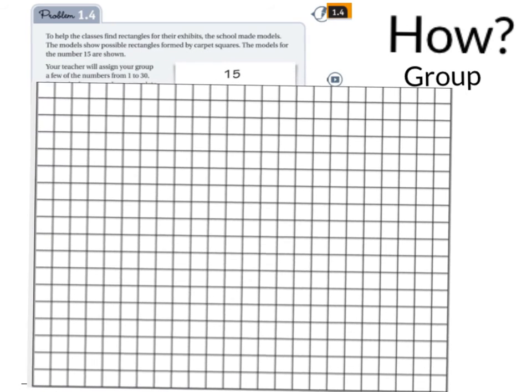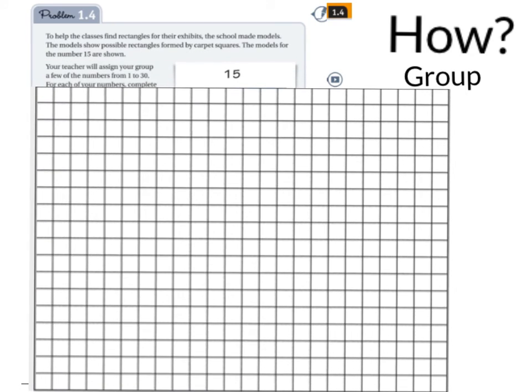So let's say I give a group 9. Let's say this group's going to do 9. So they have to show all the ways that they can get 9 by building rectangles or squares. I'm going to use red. So maybe I do 1, 2, 3, 4, 5, 6, 7, 8, 9. And then we write the factor pairs.